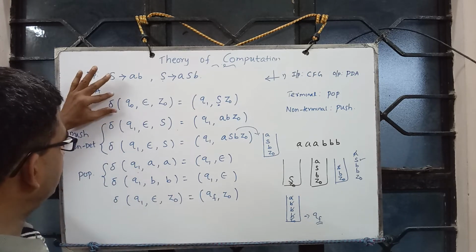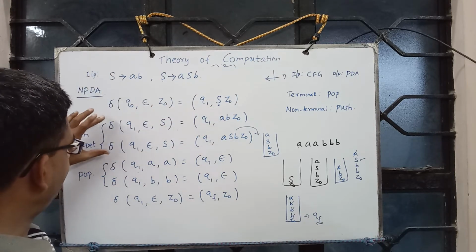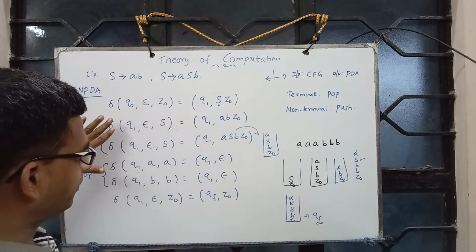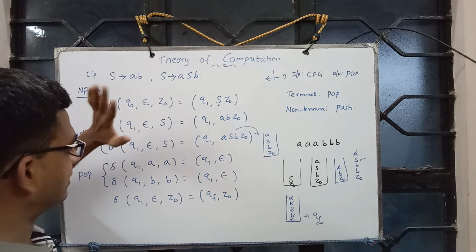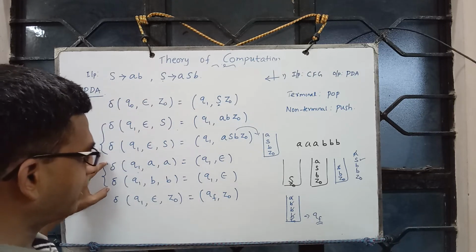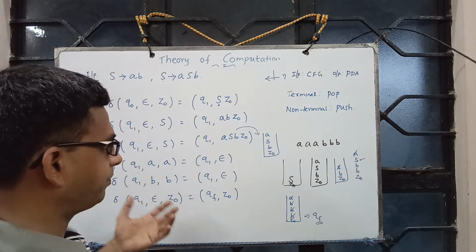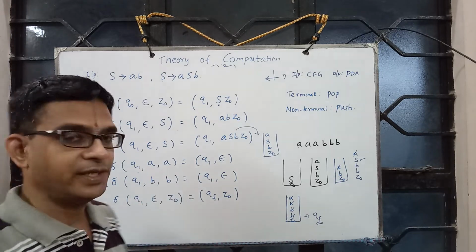So in fact, this we use to push the start symbol. After that, we use Q1 to write the productions corresponding to all non-terminals. In this case, it is just S. Then we use Q1 to write pop corresponding to all terminals. Finally, we accept.